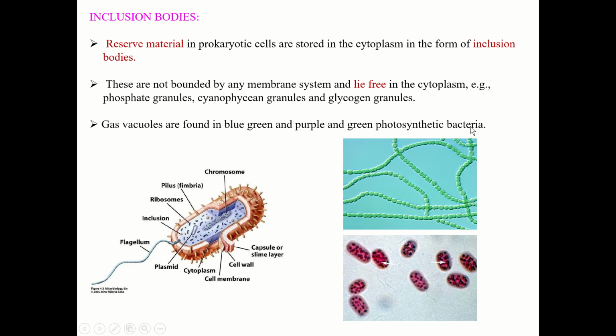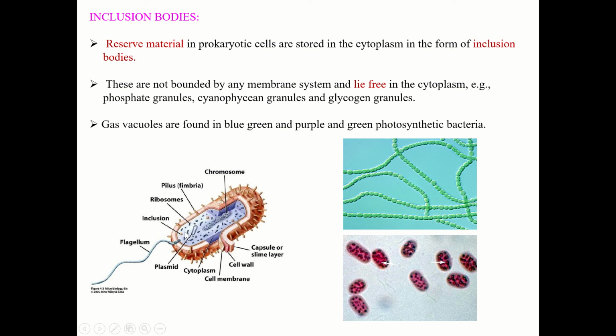Now inclusion bodies. Reserve material in a prokaryotic cell is stored in the cytoplasm in the form of inclusion bodies. You can see here these small granule-like structures present in prokaryotes. These are not bounded by any membrane system and lie free in the cytoplasm.